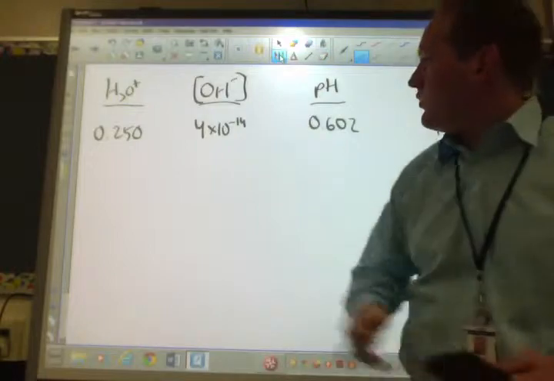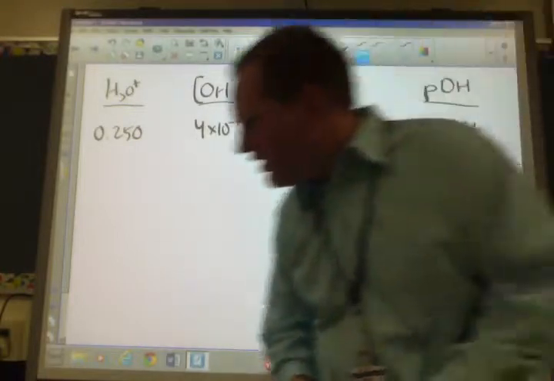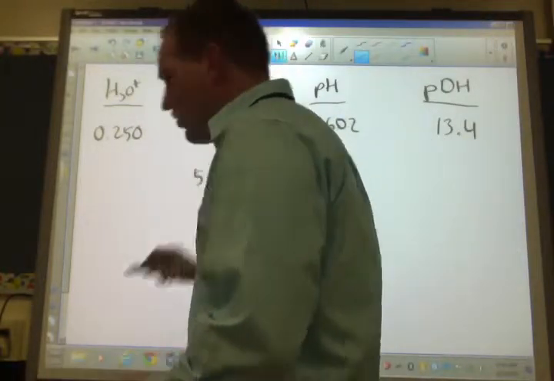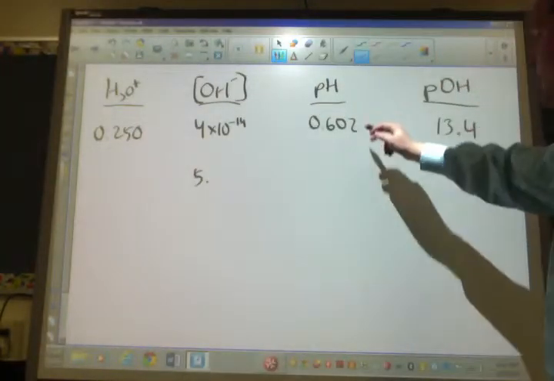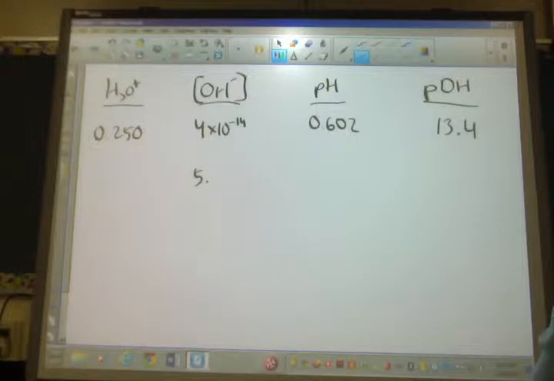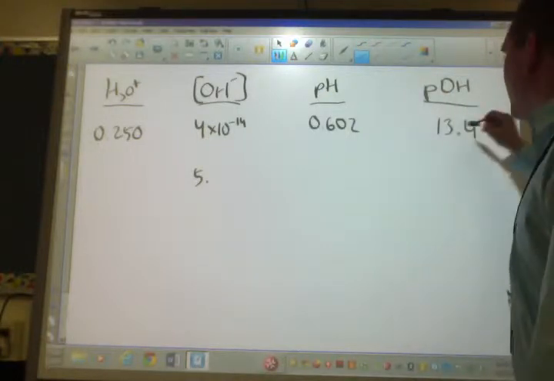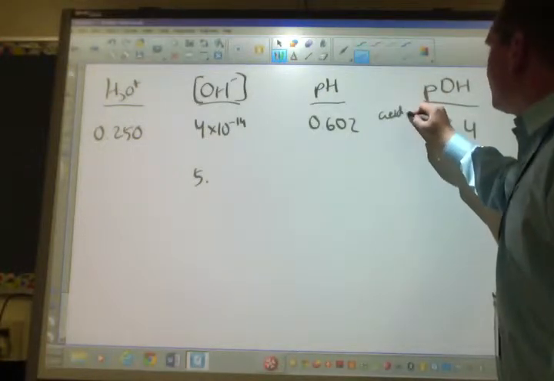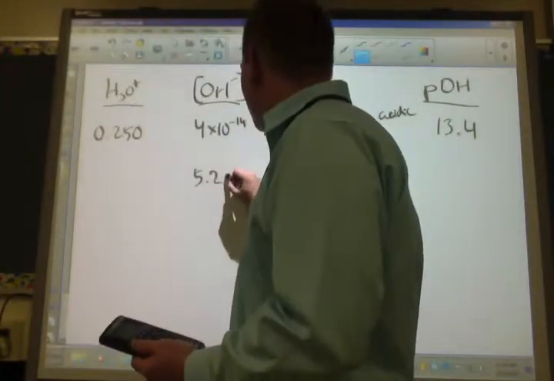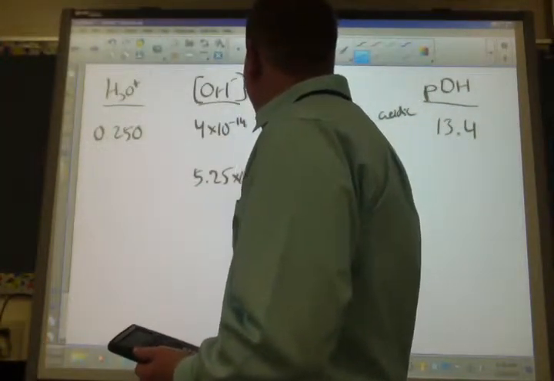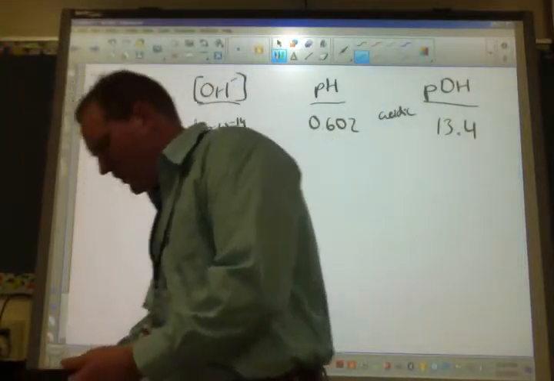Next one, we are given OH minus as, oh, I forgot, is this acidic, basic, or neutral? Easiest way, look at the pH. If it's less than 7, it's acidic. So this is definitely acidic. Okay, 5.25 times 10 to the negative 3rd is my OH minus concentration.